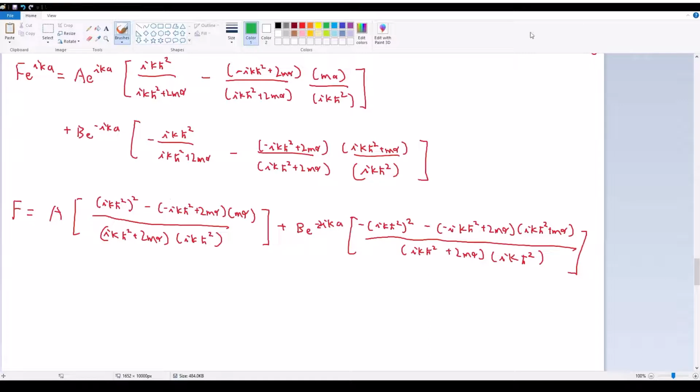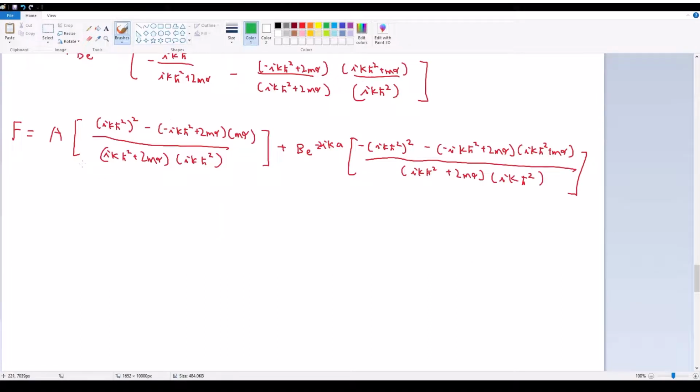Okay, yeah, this is not a very fun simplification, so let's go through this one step at a time, starting with a, which I'm going to do in green. So this top expression is going to simplify to ik h bar squared squared plus ik h bar squared m alpha plus 2m squared alpha squared.